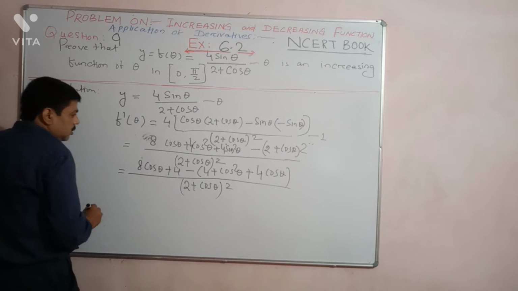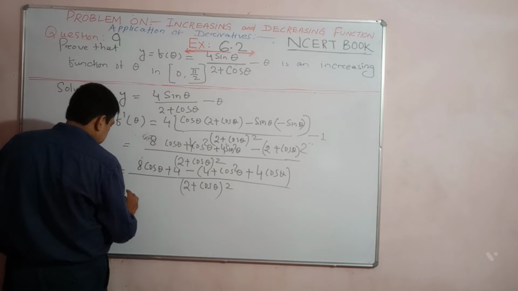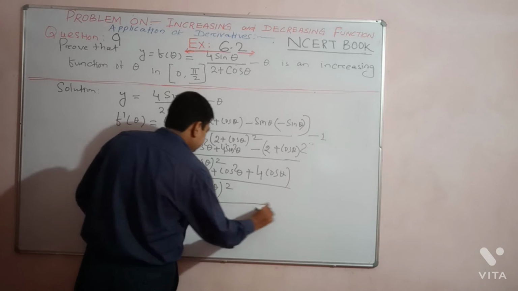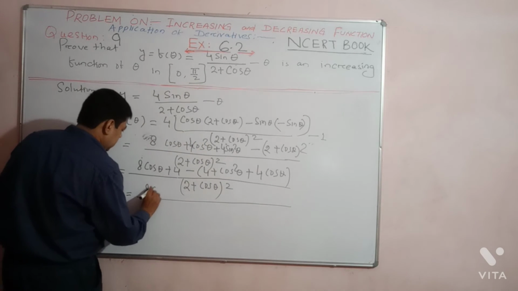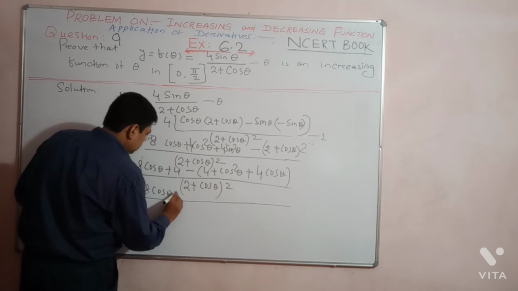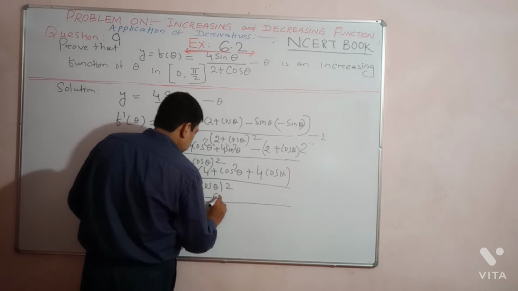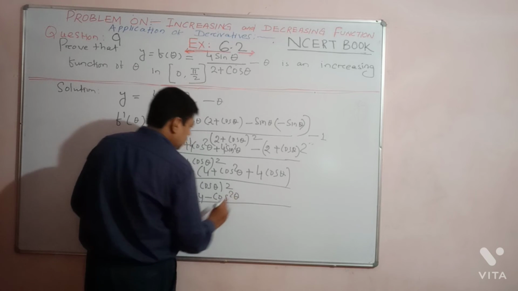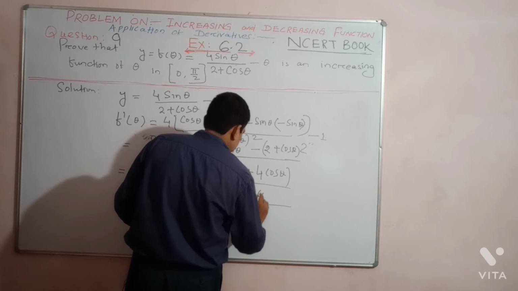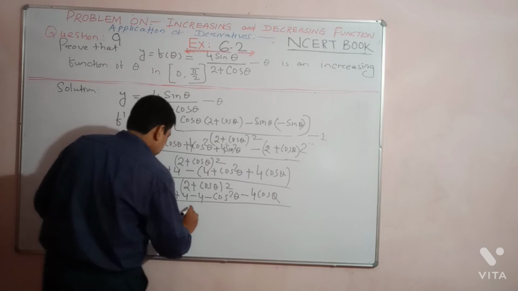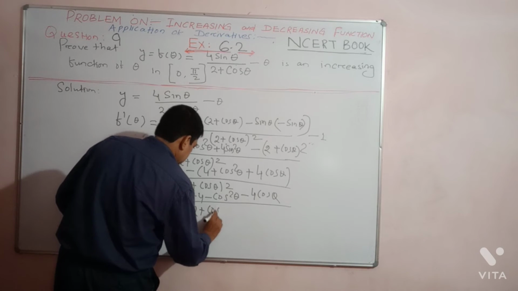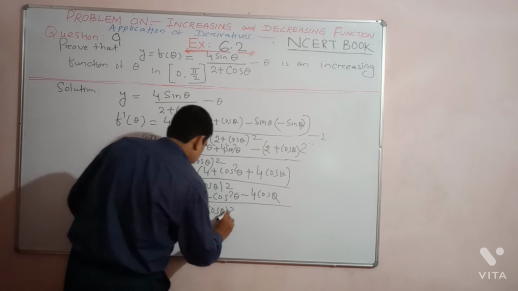Understand? Is it clear? Now you see, again remove the bracket and simplify. See 8 cos theta plus 4 minus 4, then minus cos square theta minus 4 cos theta, and it's divided by 2 plus cos theta whole square. Yes or no?